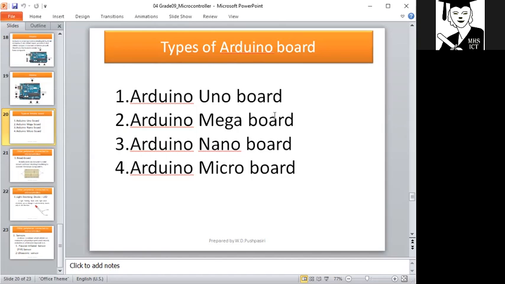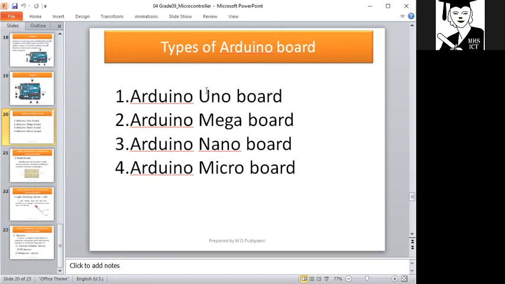Don't think about the microcontrollers and the microbits and the Arduino boards and how to program them. It is not needed at this time. But if you like, once you do O level, you are free for 2 or 3 months. Then at that time you can use them, right? So these are the 4 types of Arduino boards.